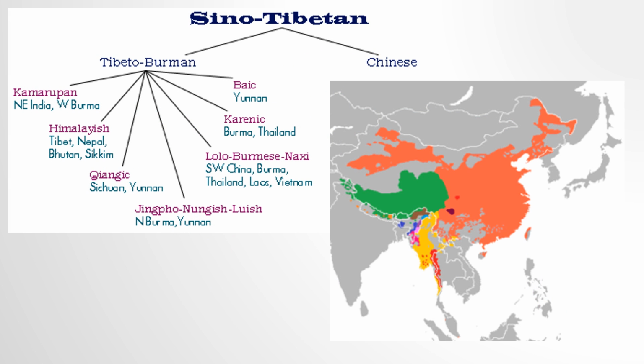Your Sino-Tibetan is your next largest spoken language, and you can see Chinese is going to be your largest in regards to that. Chinese is actually very different from the Tibetan-Burman language groups. You have a couple forms of Chinese as well, with Mandarin Chinese and Cantonese. You can see for the Tibetan-Burman language groups the different types there.